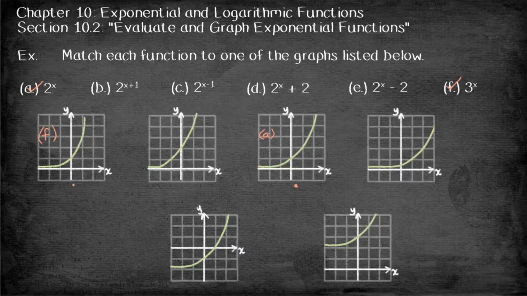So this is a graph that needs to have a y value of 1 at -1 instead of 0. And it seems like there is only one graph that fits this description.